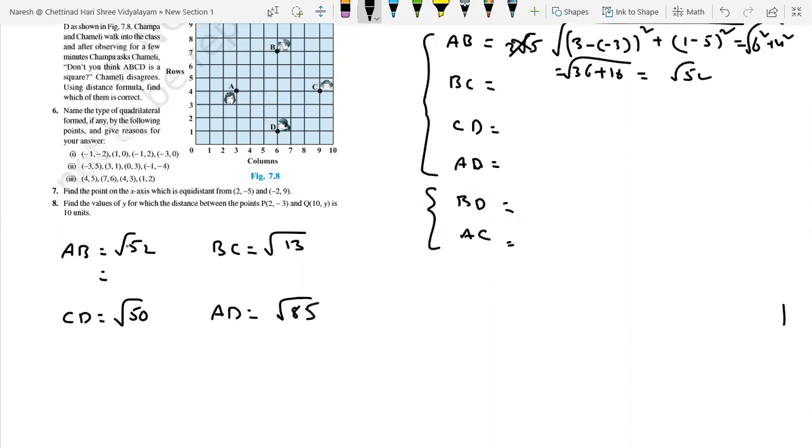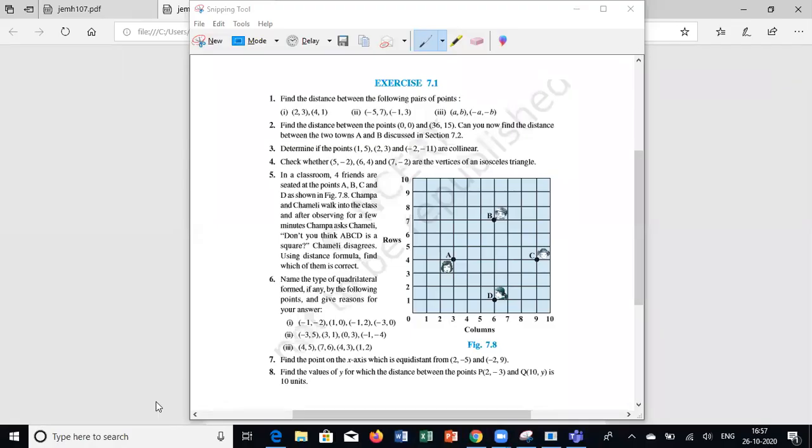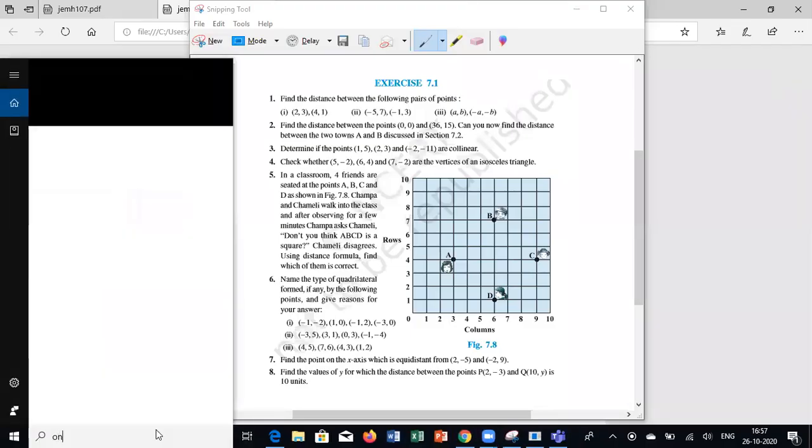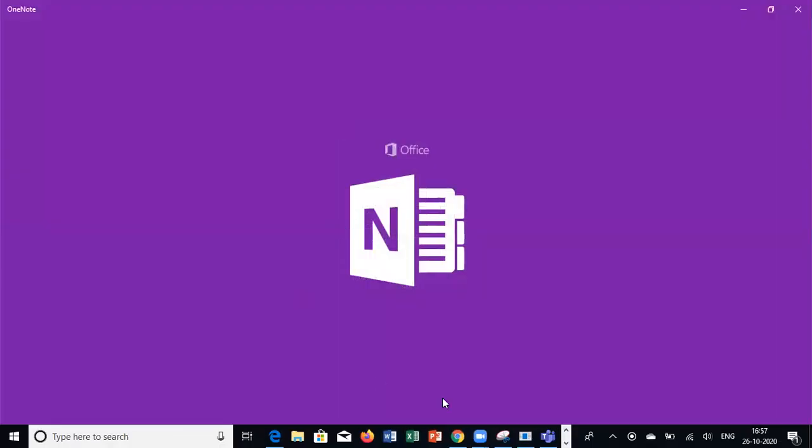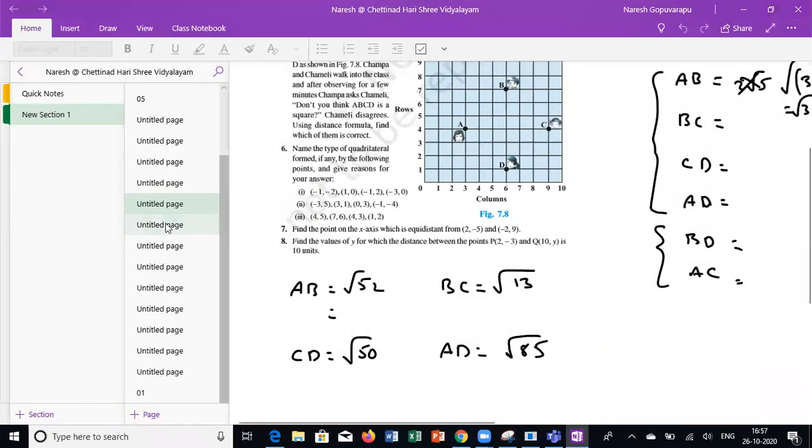So same way, go for the third question, guys. Sir, for the third question, for AB I got root 10, BC root 18, CD root 10, and DA root 18, sir.